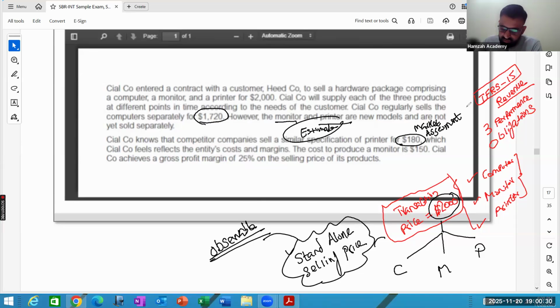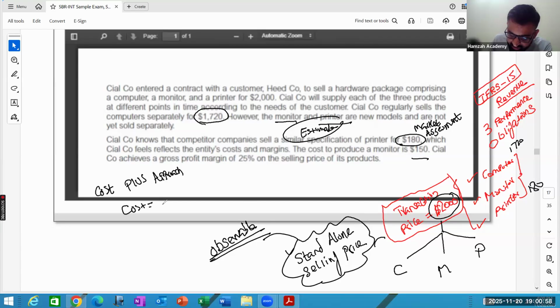So the computer stand-alone price was observable, and the printer has been estimated using the market assessment approach. And to estimate the price of the monitor, we can use the cost plus approach.